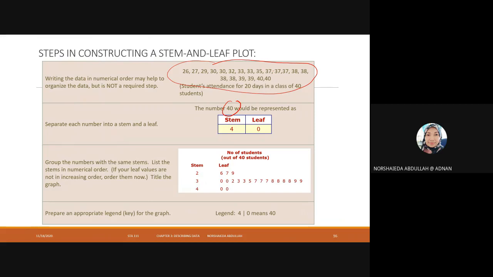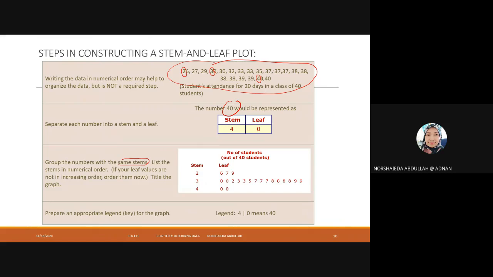Next, we group the numbers with the same stem, and then list the stems in numerical order. If we divide into two parts here, the smallest stem is 2, and then 3, and then 4 for 40. So the stems we have are 2, 3, and 4.